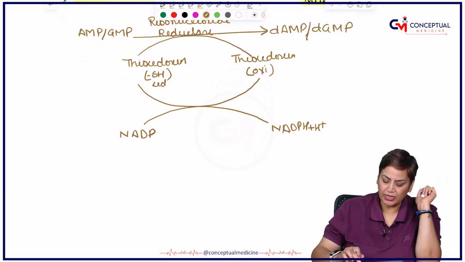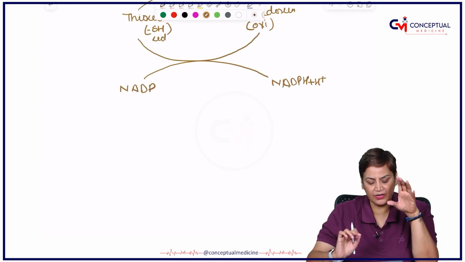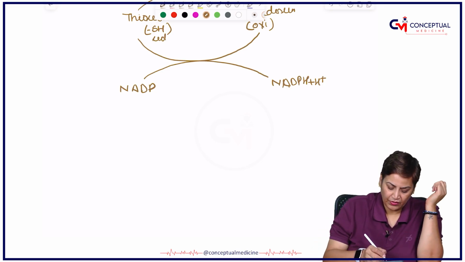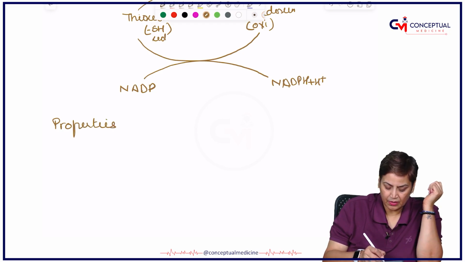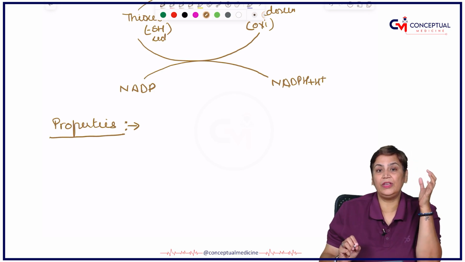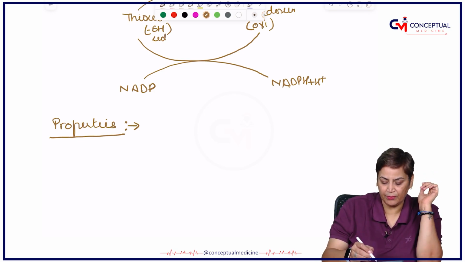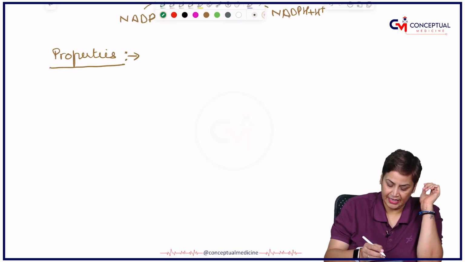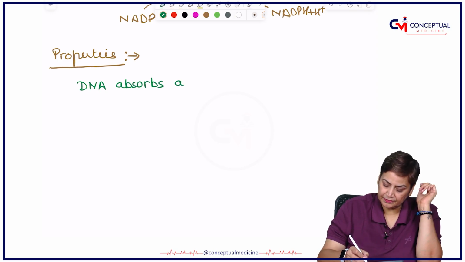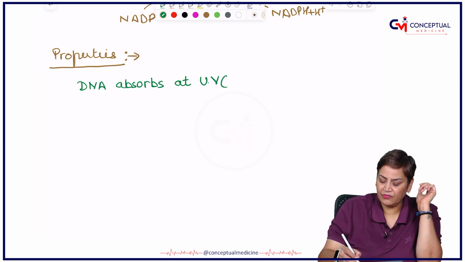Now the most important point here to remember is, because this video is actually on DNA structure and properties. So first of all, if we talk about the properties here, DNA absorbs at UV light or UV range. This is very important. Absorbance of DNA. DNA absorbs at UV wavelength, which is 260 nanometers.